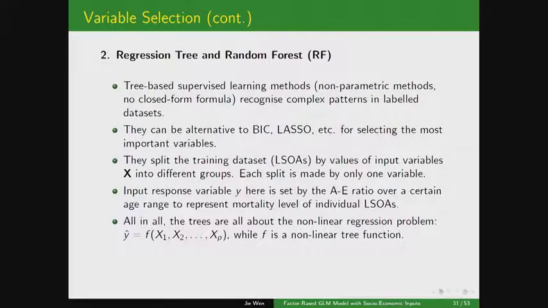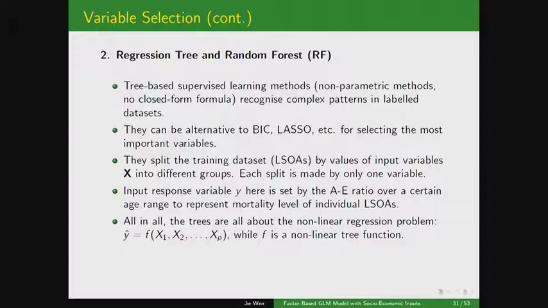And the next variable selection technique I'm talking about here is regression trees and random forest, which is a more modern technique, more flexible and faster. They are not designed for variable selection specifically, but variable selection can also be done with this method.